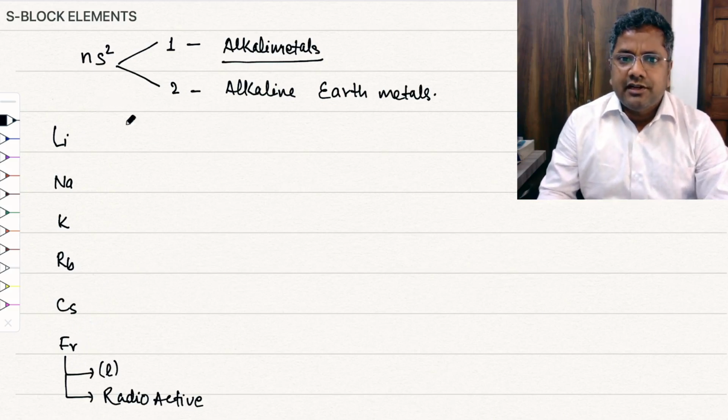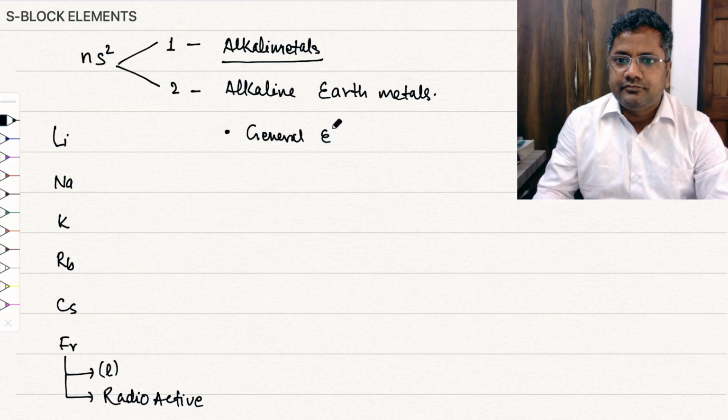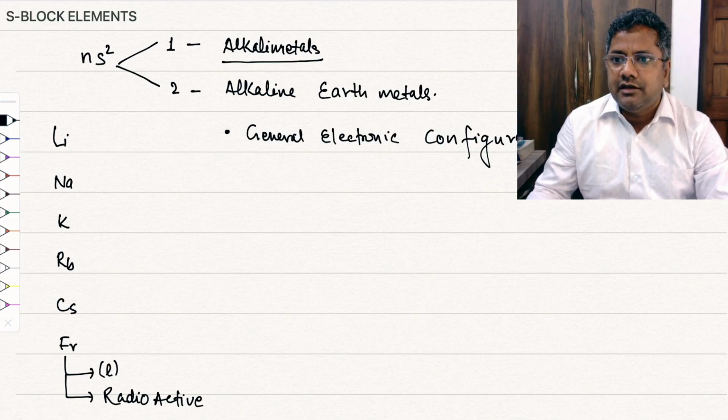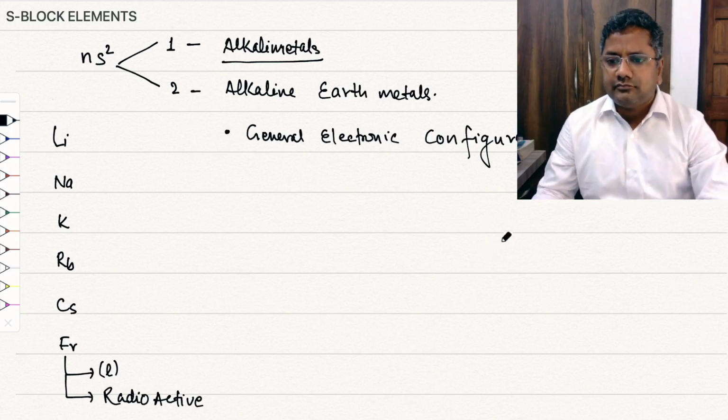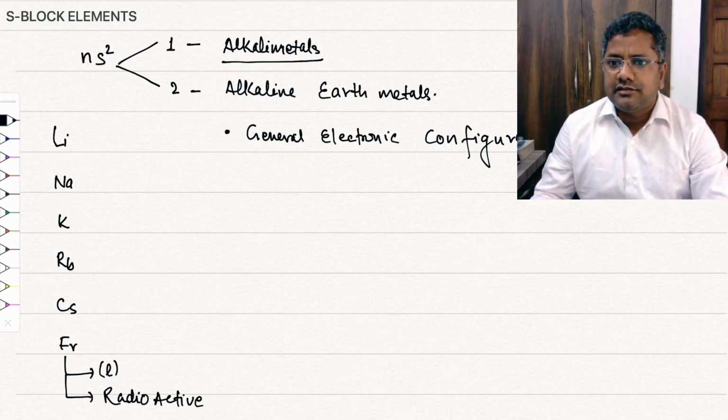General electronic configuration is ns1. So only one electron is in the valence shell.